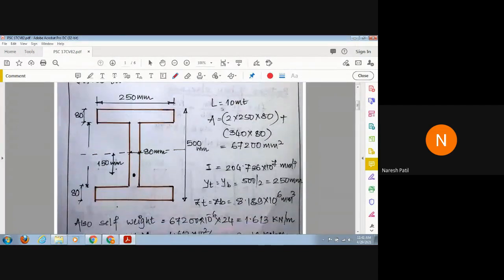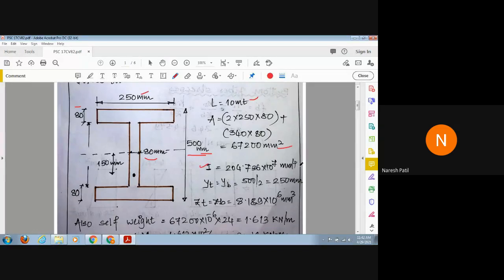So we have the given data here. The flange is 250 by 80 and web is 80 mm thick. Total height of the section is 500 mm. Then we have length, calculate area, calculate moment of inertia.